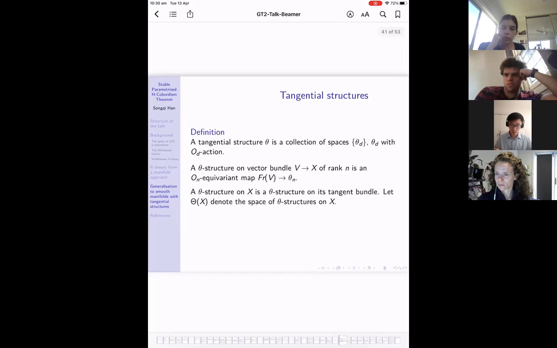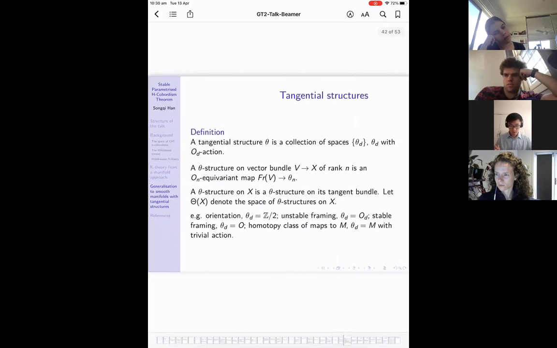These are just routine definitions. So we make a notation, which is that theta X denotes the space of theta structures on X. And here are some examples. When all of theta D takes a constant value of Z mod 2, that gives us the orientations. When theta D takes O(D), then a section is just a trivialization of the frame bundle, which is an unstable framing.